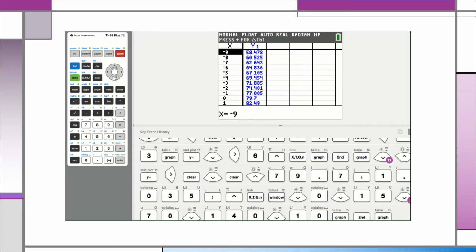Let me see. So we scroll down here. Okay, I see that in our 0 year, which would be 2006, we're looking at 79.7 billion. That looks good. After a year, 82.49. After 2 years, 85.38 billion. What about after 5 years? We're up to 94.7 billion.